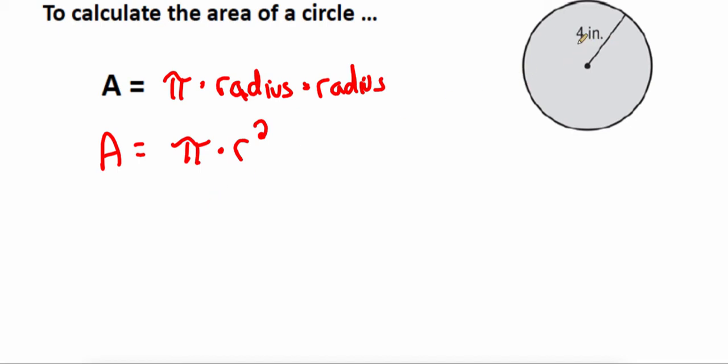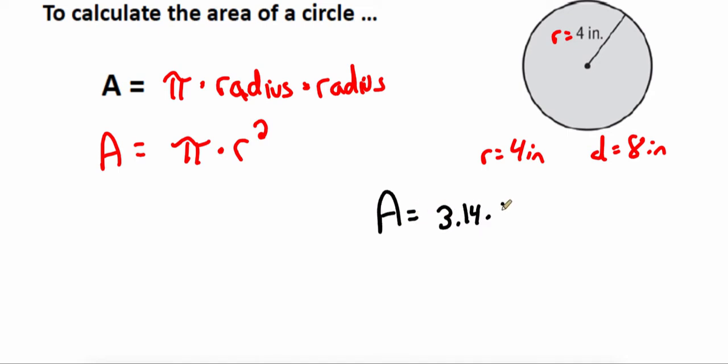So in our example here, our radius is 4 inches. That means the diameter would be 8 inches, but I'm forcing you to write that down to make sure you really are using your radius in your calculation. To find area, I'm going to do pi, 3.14, times the radius squared.